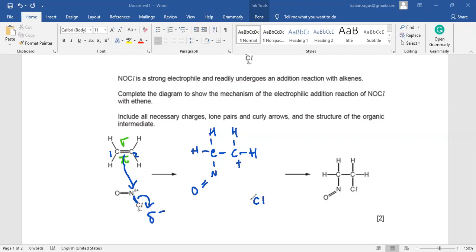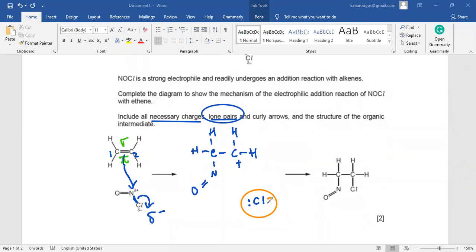One recommendation for you: always check what conditions are required in your questions. You need to include the necessary charges. So we already have a negative and a plus charge, and then you need to show the lone pairs. In this case, you should notice that you have a lone pair of electrons on Cl, making it -1.